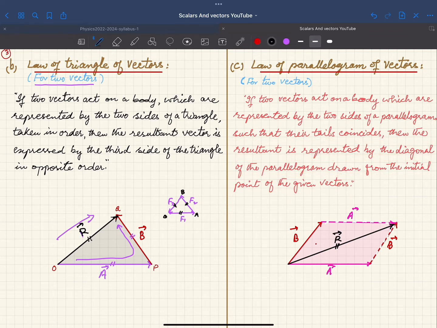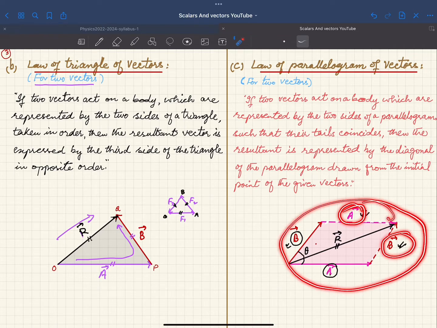What is the situation here? Simply, we have one vector A and another vector B, and these two vectors are making an angle theta. Then we can draw a parallelogram in this way: we draw a parallel vector A over here and a parallel vector B. So when you draw these parallel vectors A and B, ultimately you will get a complete parallelogram.